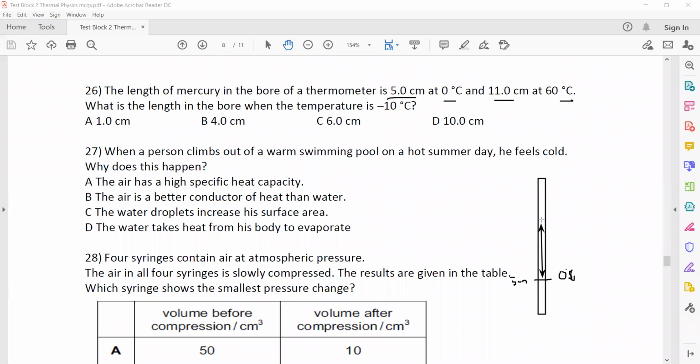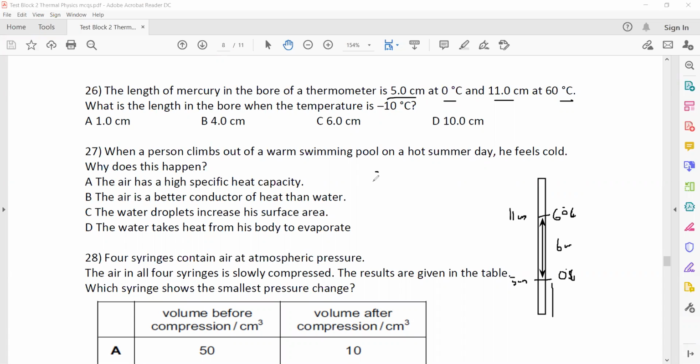When it is 60 degrees centigrade, it is at the 11 centimeter mark. So what is the distance between them? This is 5, this one is 11, so the difference 11 minus 5 is 6 centimeters.